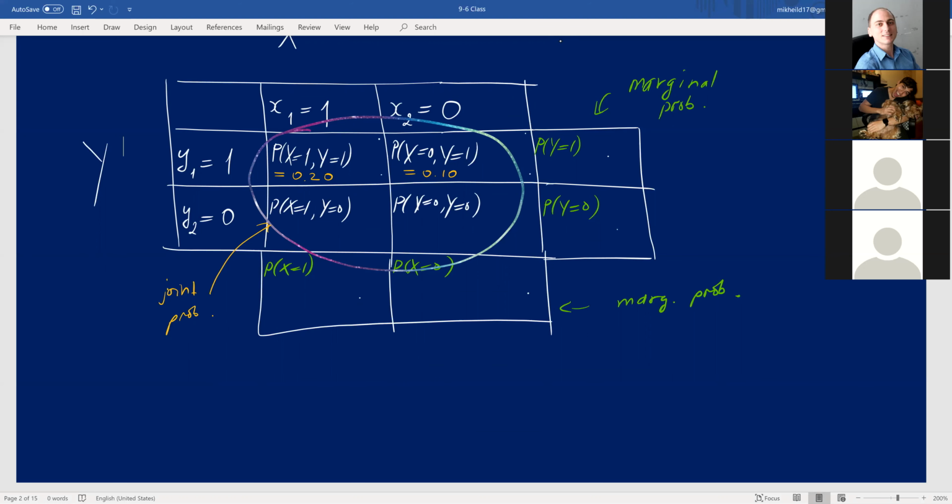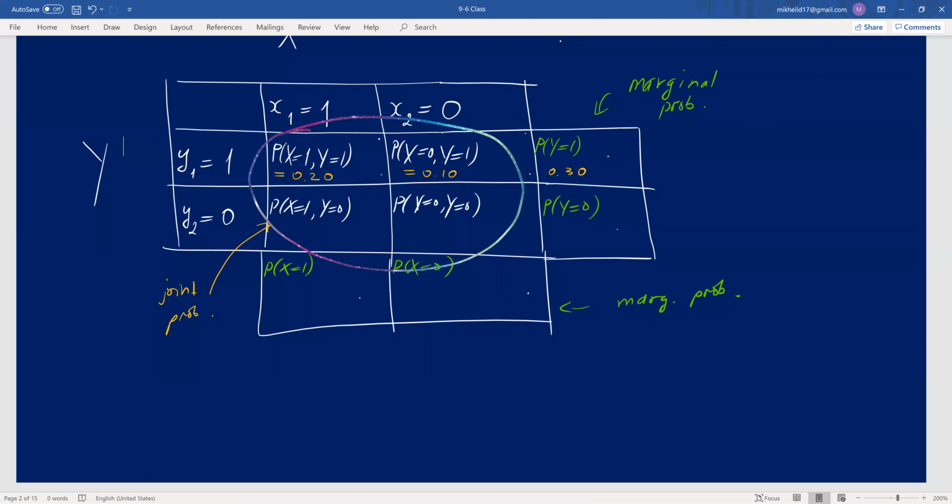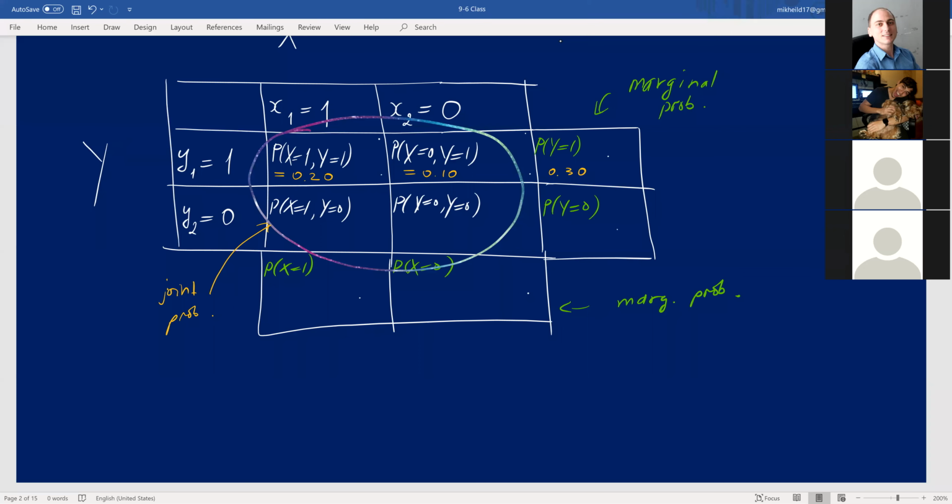Then this equals 0.30 because it will be the sum of 0.20 and 0.10. Let's say here is 0.50, then you will have here 0.70 because this will be the sum of the two probabilities when X equals 1.